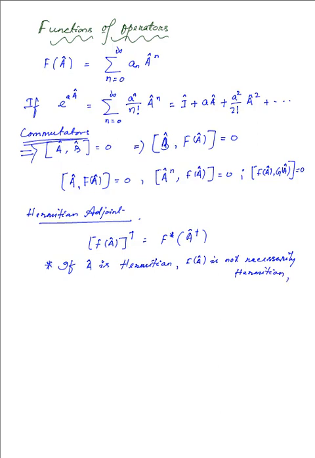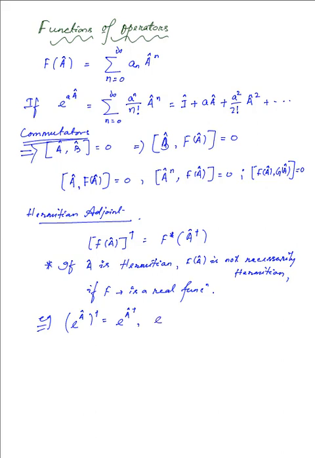But it can be Hermitian if the function is a real one. If f is a real function and A is Hermitian, then f of A will be Hermitian. For example, we can consider e raised to the power of the operator A, and we take the Hermitian adjoint of it. We have e raised to the power of the adjoint of A, and if A is Hermitian, then this function of the operator is also Hermitian.